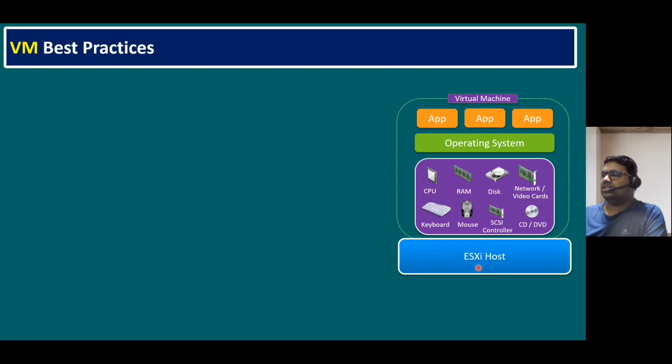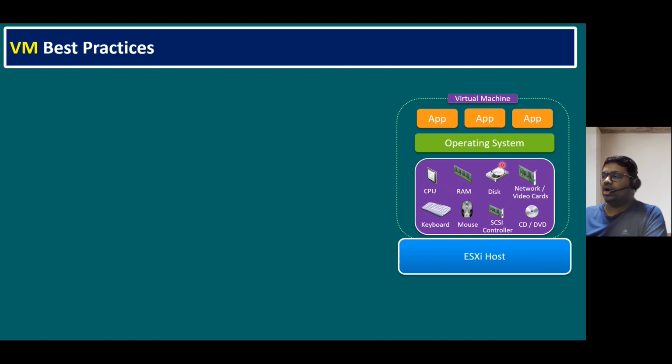Because ESXi is a hypervisor, it allows you to transform all your hardware components into virtual components. In other words, virtualization is a technology that allows you to transform hardware into software. Whatever we have in our hardware, CPU, memory, disk and NIC, all become virtual within our virtual machine.